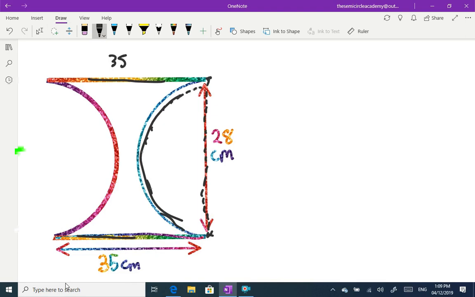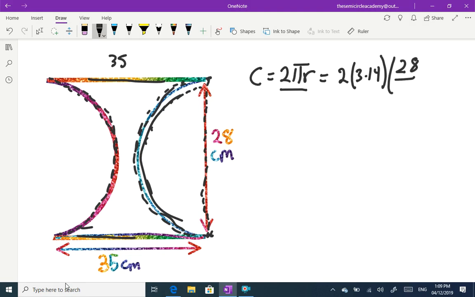So I could just find the circumference of the full circle to be 2 times 3.14 times the radius, which is the diameter, 28, divided by 2, right? That is the radius, which is half of the diameter. And this works out to be 87.92 centimeters, right?